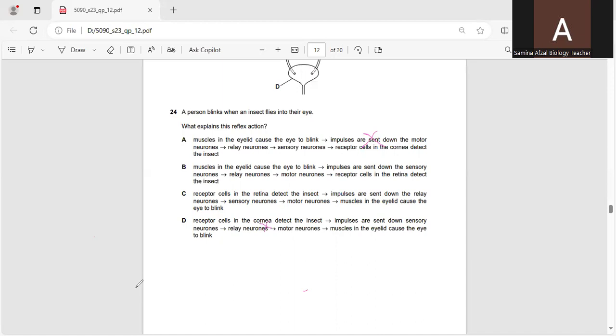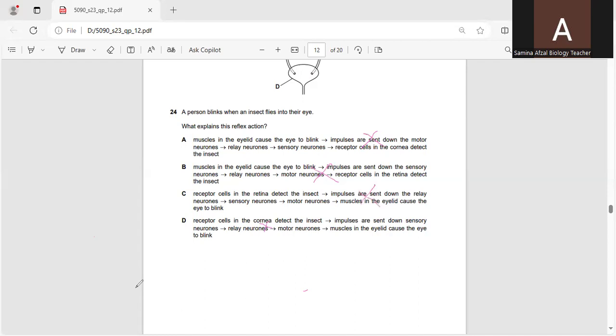Muscles in the eyelid cause the eye to blink, impulses are sent down the sensory neuron, relay neuron, motor neuron, receptor cells in the retina detect it. No, the sequence is not correct. Cells in the retina detect the insect, impulses are sent down the relay neurons.